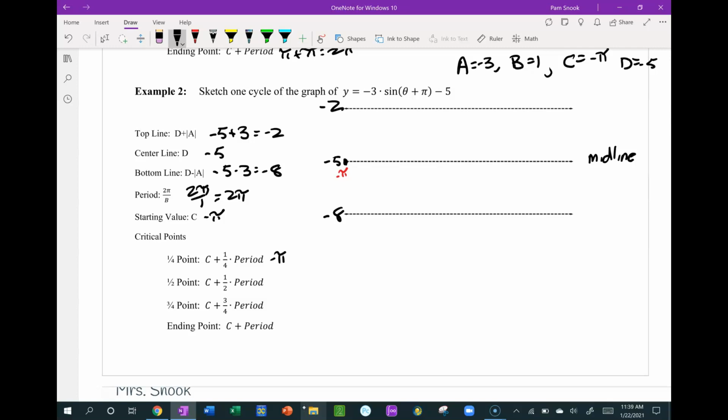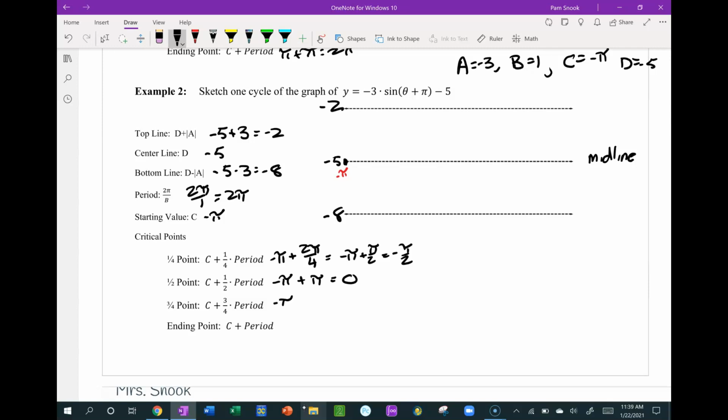So -pi plus 2 pi over 4 is going to be -pi plus pi over 2, so -pi over 2. And then -pi plus half a period, plus pi, so that's going to be 0.